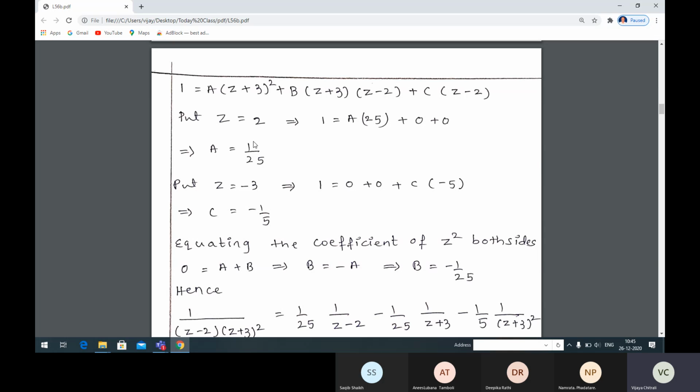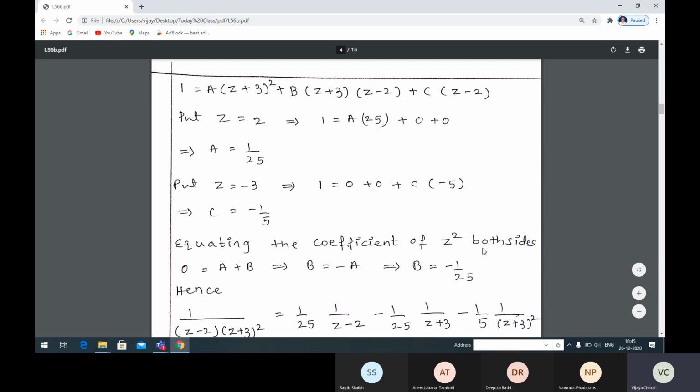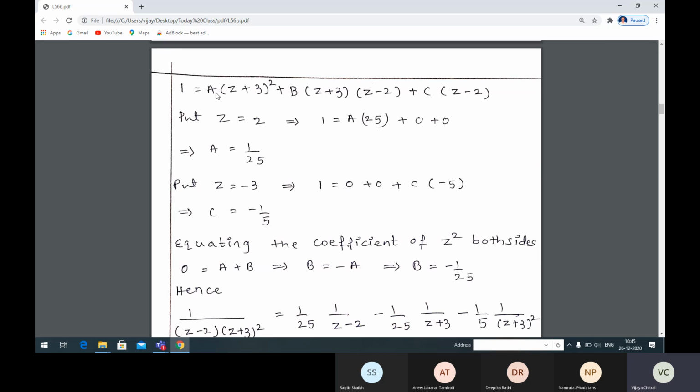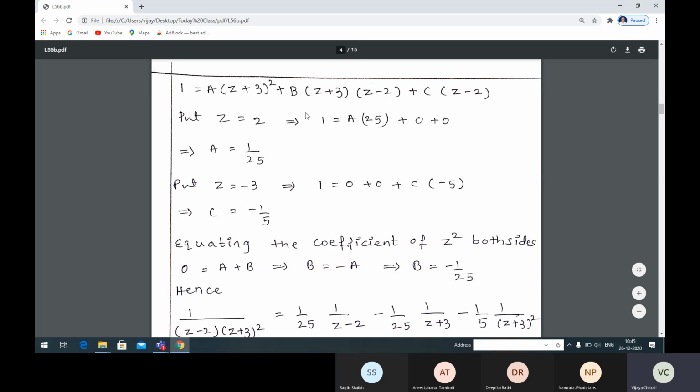the B value. Right? So equate the coefficients of z square on both sides. On the LHS, we don't have a z square term, so the z square coefficient is 0. In the RHS, when you expand this, definitely we will get a z square term, and the coefficient of this z square is A. Here, multiplying these two, you will get a z square term, so the coefficient of this z square will be B. So A plus B, and here we don't have a z square term, so this is 0.